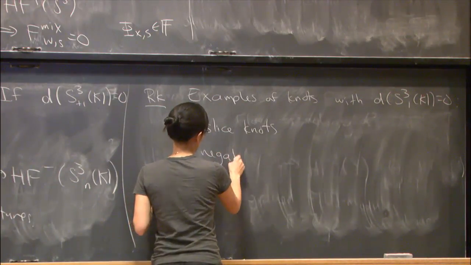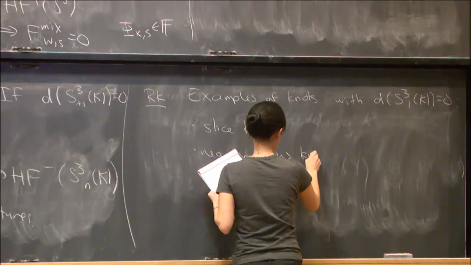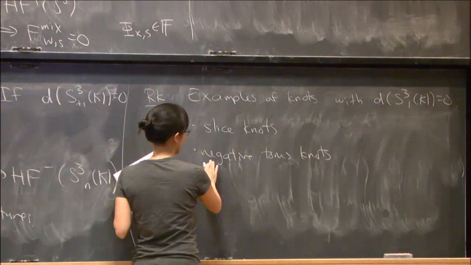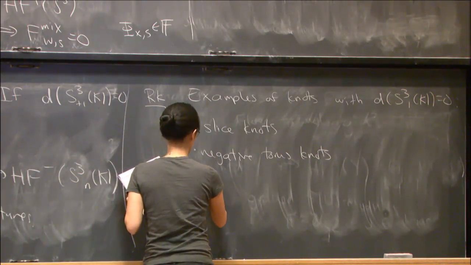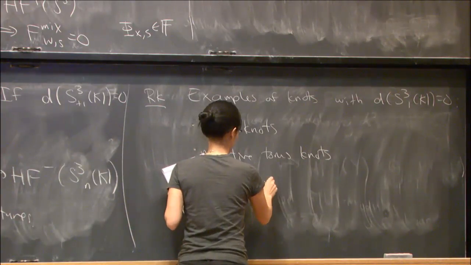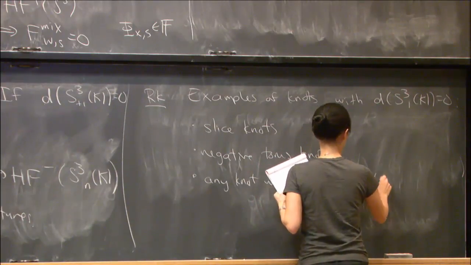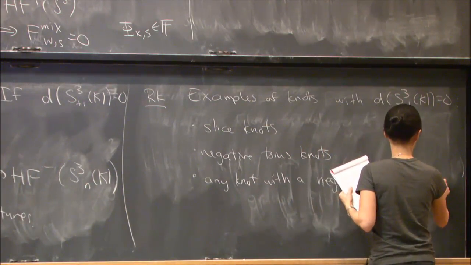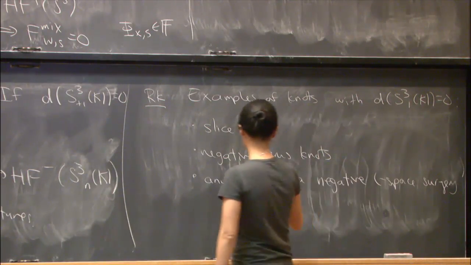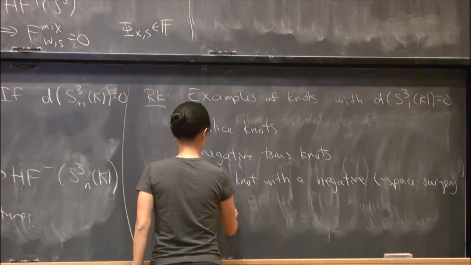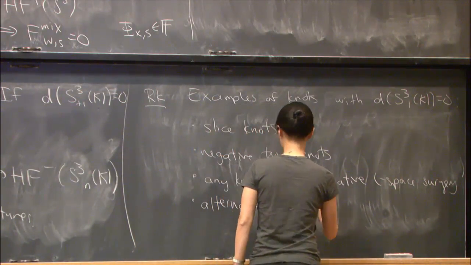Negative torus knots also have this property. More generally, any knot with a negative L-space surgery, so any knot on which you can do some negative surgery and get an L-space. And then also alternating knots with positive signature.